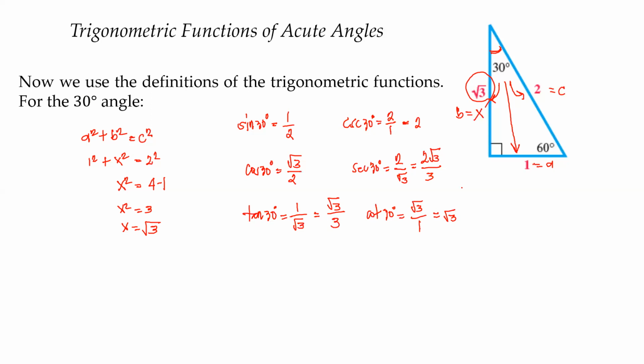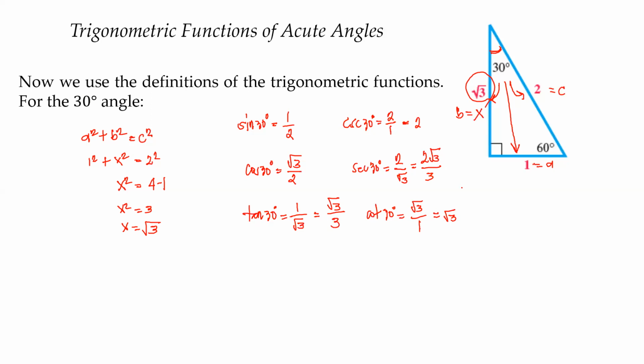Now, to check, grab your calculator and input sine 30 and make sure your calculator is in degrees. You will see a letter D at the top. So sine 30 is indeed 0.5. 1/2 is 0.5.